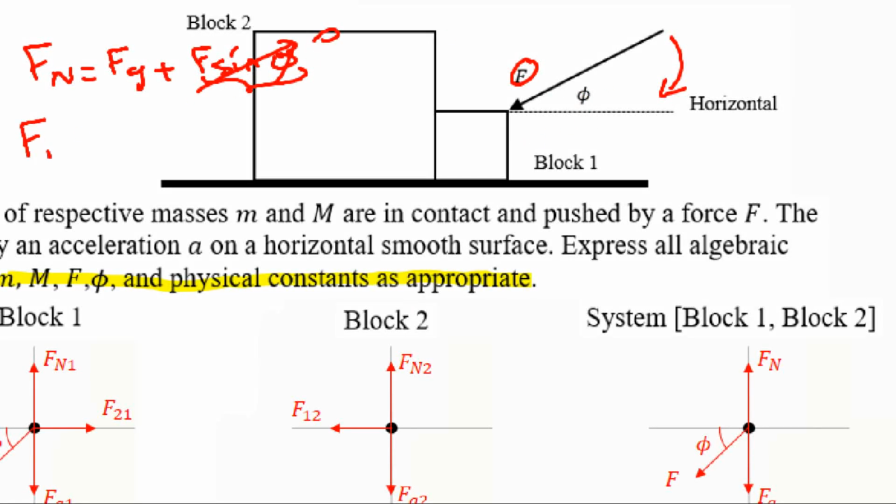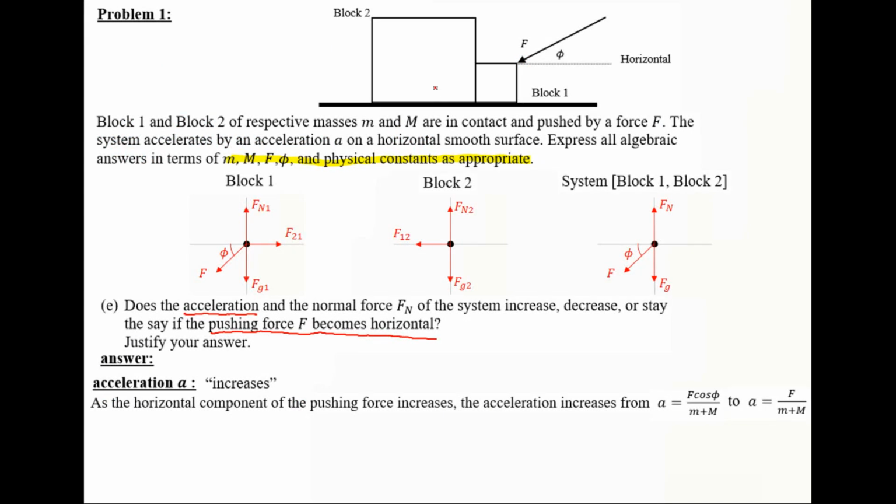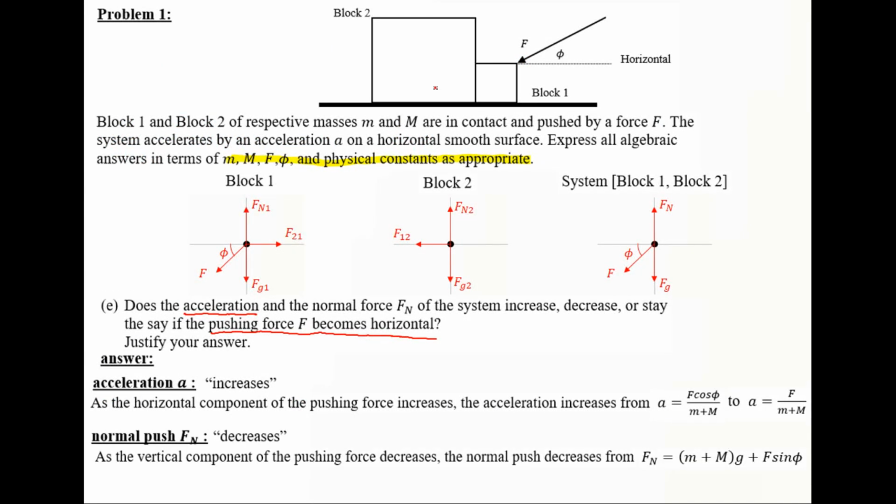So the normal push will change from being Fg plus F sine phi into Fg, which means the normal push has decreased. Then we can say it decreases, this is part of the answer. And we say as the vertical component of the pushing force decreases, the normal push decreases from being Fn, which is (m plus M)g plus F sine phi, into (m plus M) multiplied by g.